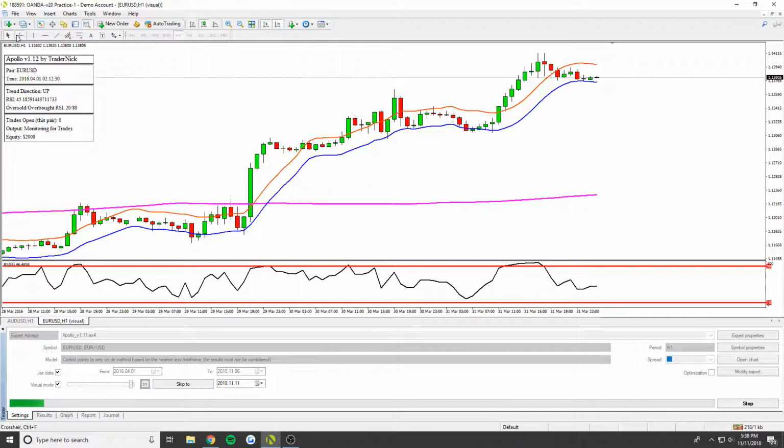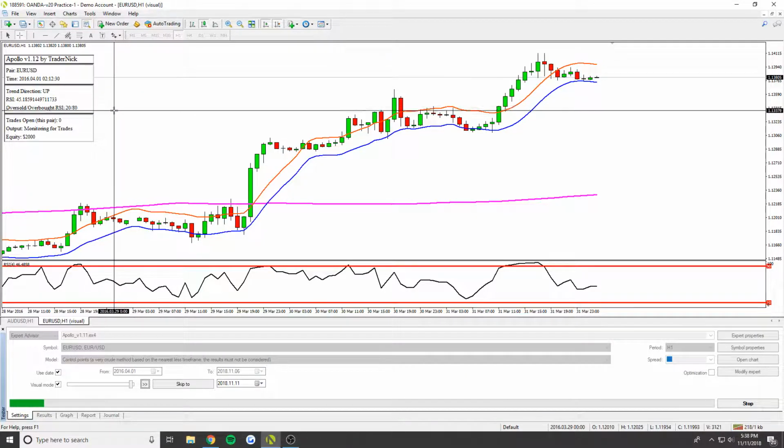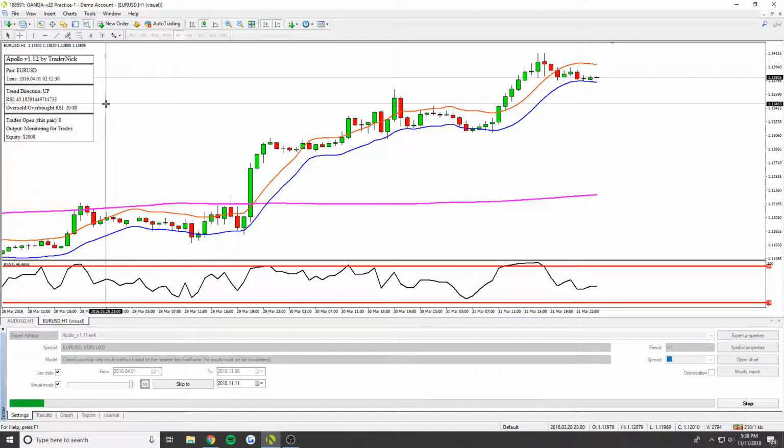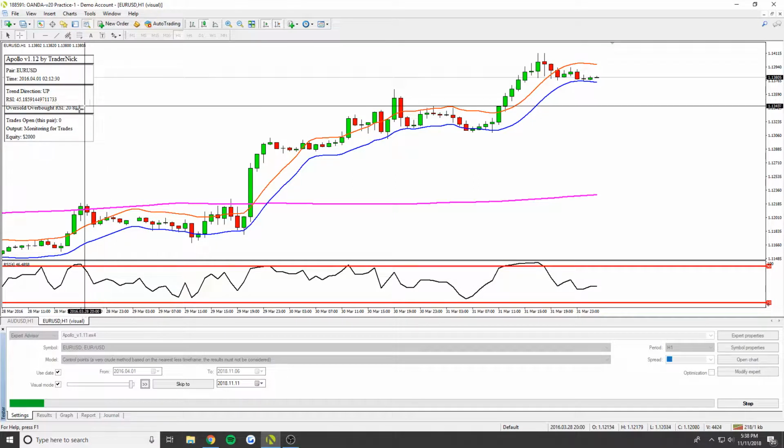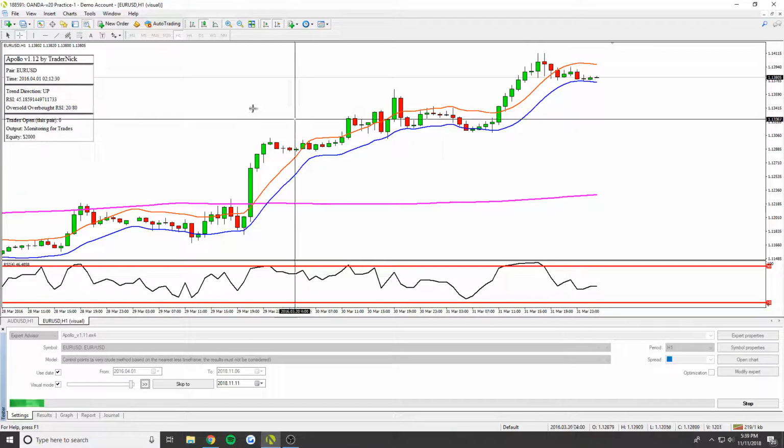First thing you'll notice, we have this panel up on the left. The panel up on the left is going to tell you some significant data as the robot is running. So when you're running this on your account, you'll be able to see things like the trend direction. You can see that the trend direction is up.